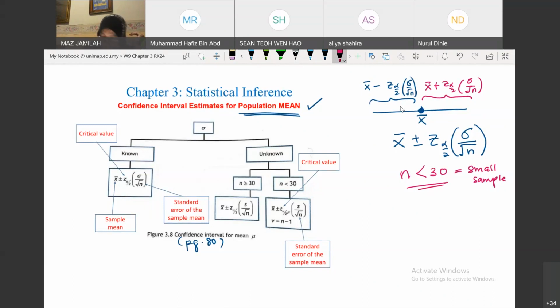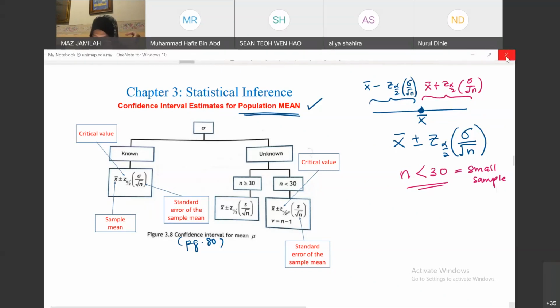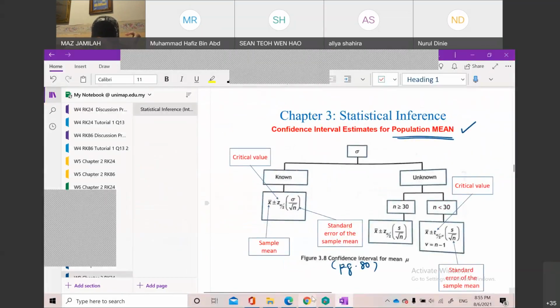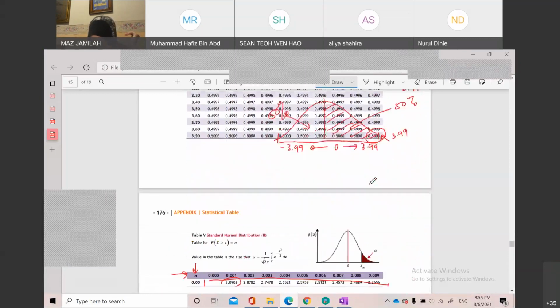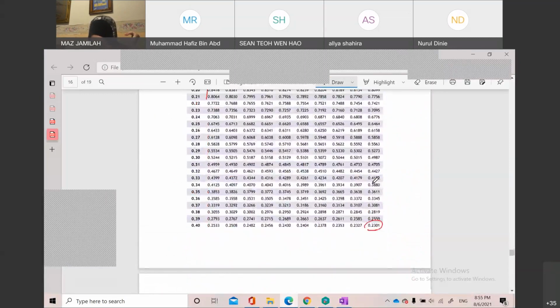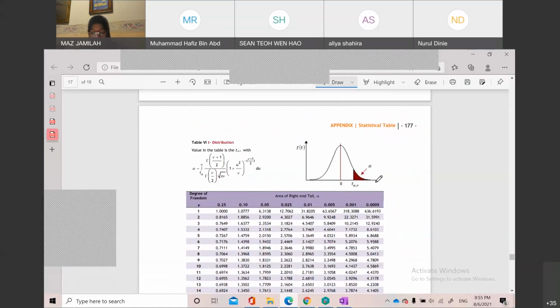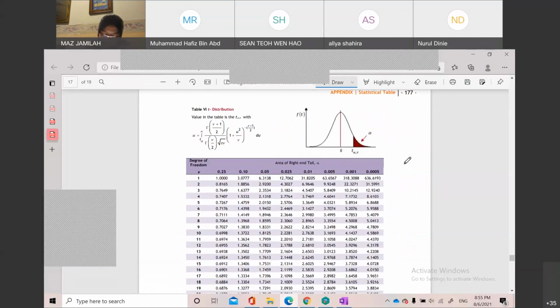Your margin of error will be using t alpha over 2, v. If you look at your normal table, if I'm not mistaken, the third one is your t distribution. Sometimes we call it the student t distribution.